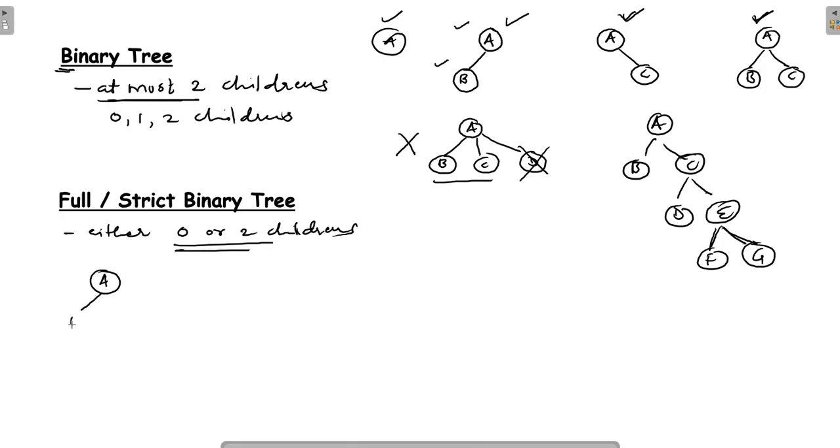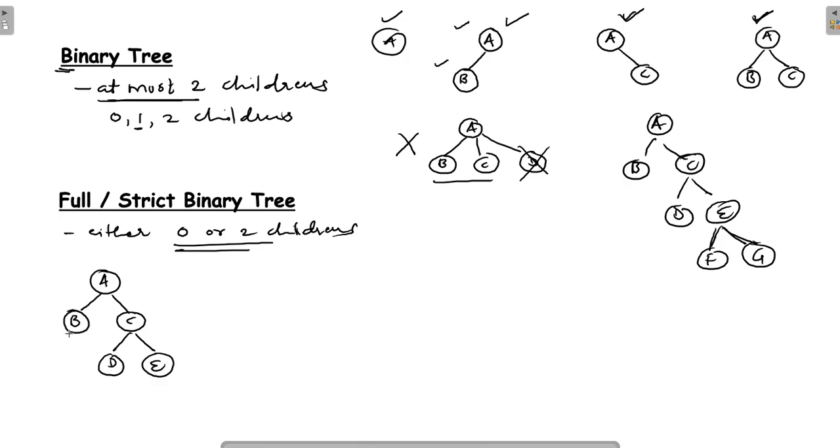Suppose it has only one child, then it's a binary tree, because a binary tree allows one child, but it is not a full or strict binary tree. If A has another child, so A has two children, now it is a strict binary tree. Now if C has two children, then again it is a strict binary tree.